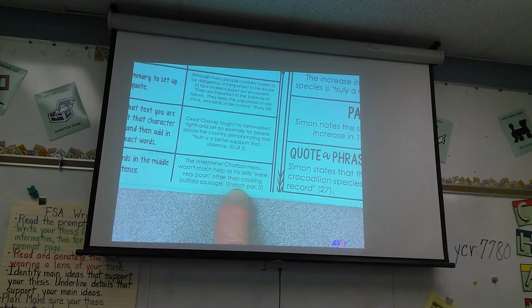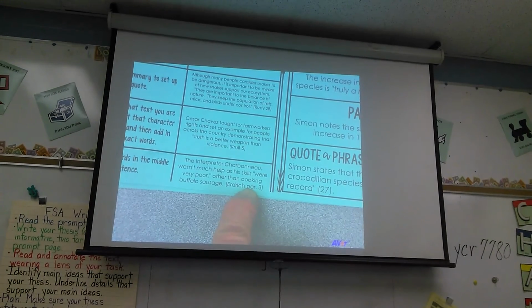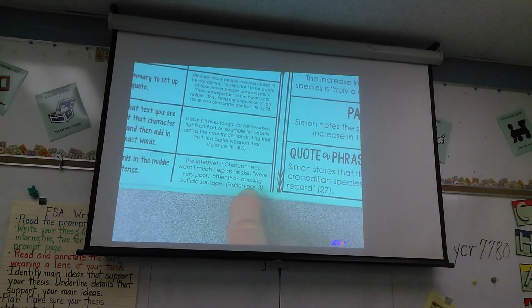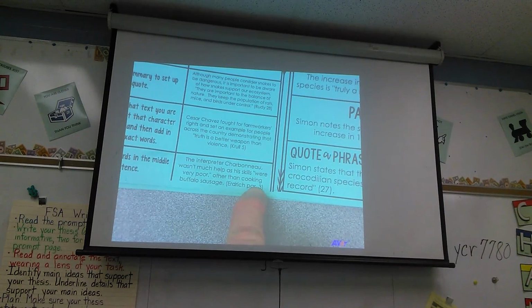Author's last name, paragraph number. If you don't know the author's name, then you can't use this. You have to introduce it from the front. In source 1, it states, and then you would go ahead and do it. You could put the paragraph at the end, but you don't know the author.